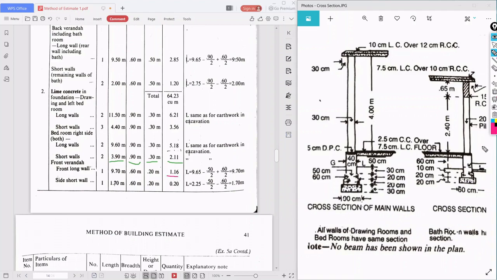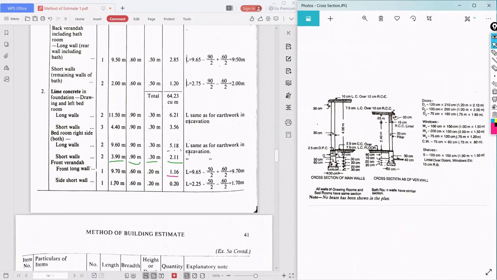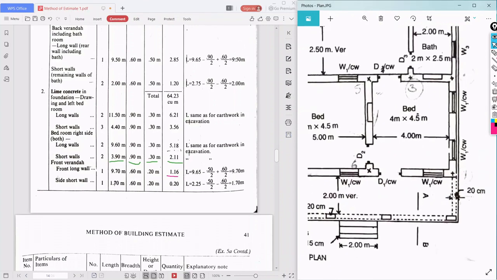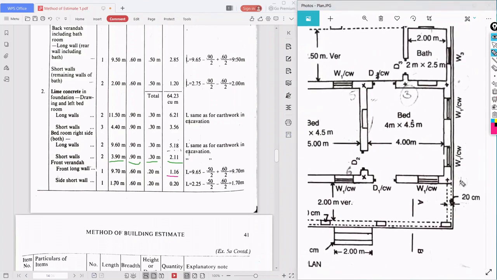Same way for the short wall. For the short wall, what happens? Here it is encountering the 30 centimeter wall, and here it is the 20 centimeter wall. So 2.25 minus, wherever there is a 30 centimeter wall, we have to neglect this 0.5 by 2, and also here at the 20 centimeter wall, we have already added 0.6 by 2 on the long wall side, so we are neglecting 0.6 by 2.